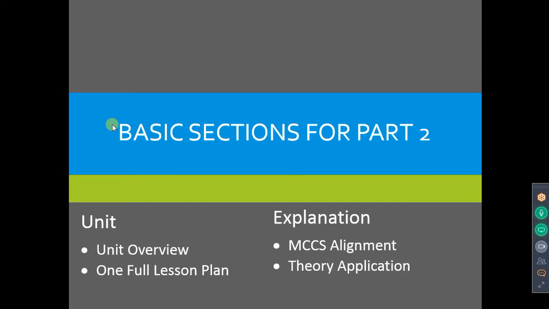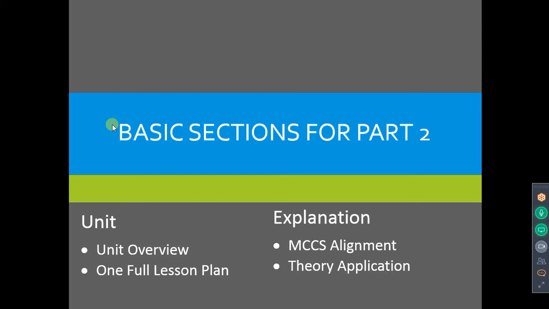So the basic sections in Part 2: you have your unit overview and one full lesson plan, and that's worth most of the score. But then you also have a short explanation of where you see your MCCS alignment and where you see your theory application. Of course, those are things that you wouldn't necessarily have attached to your lesson plan, but we've put them in there so that we can give you the chance to be really explicit about what we should be seeing.